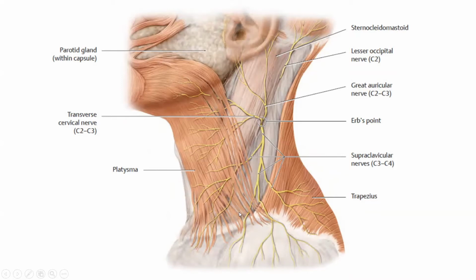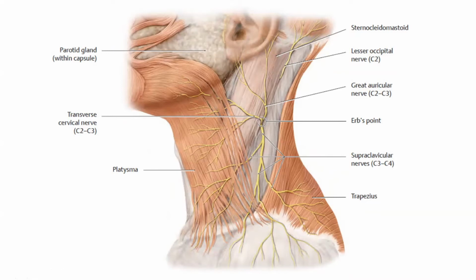The medial one is going downward and medially toward the jugular fossa in this area of the neck region and the manubrium of the sternum.